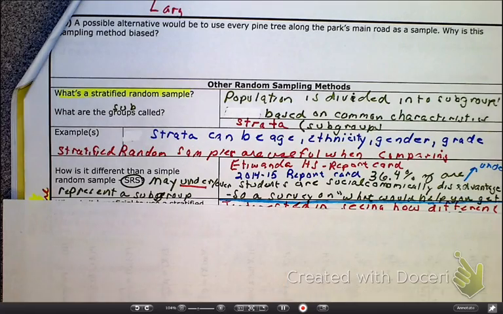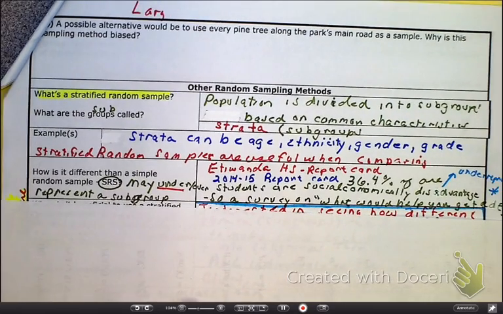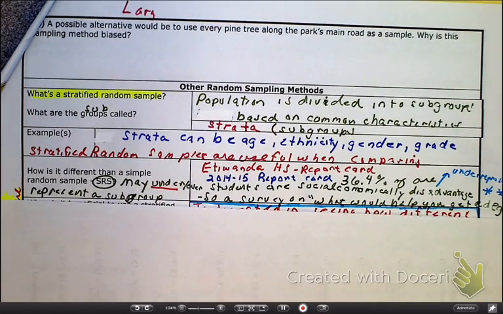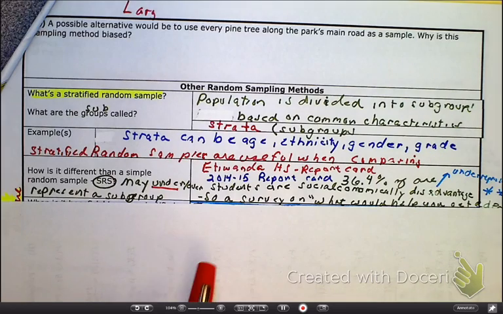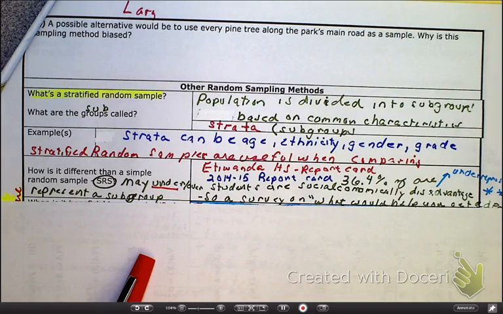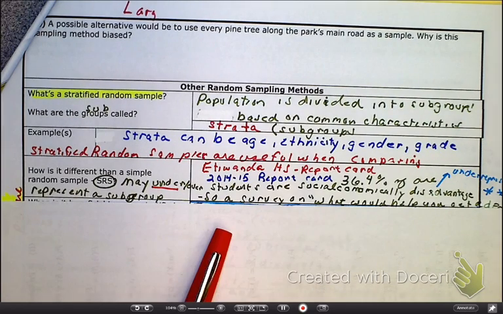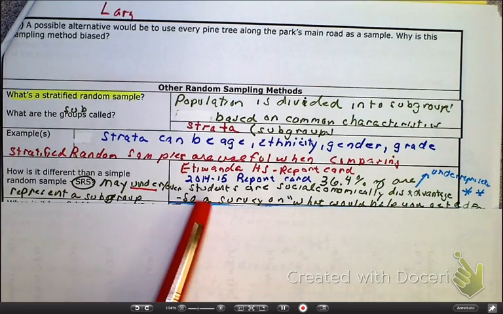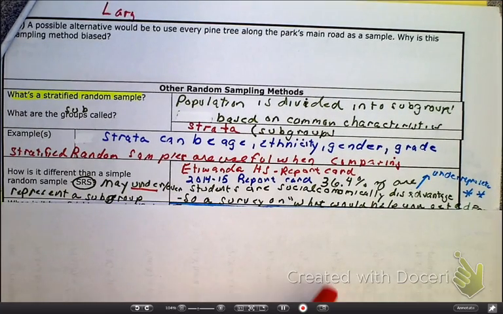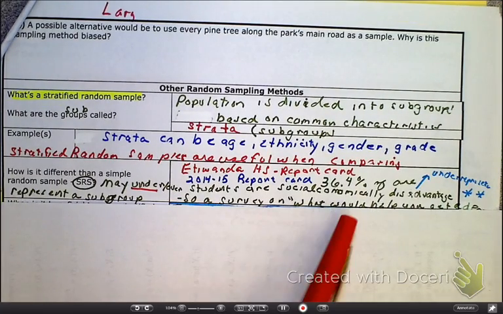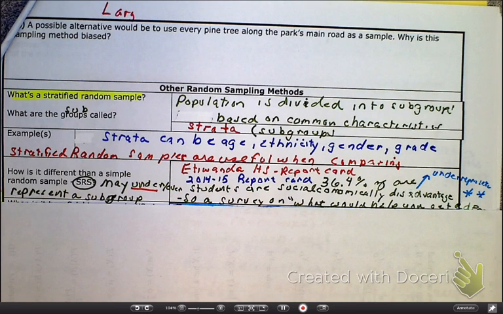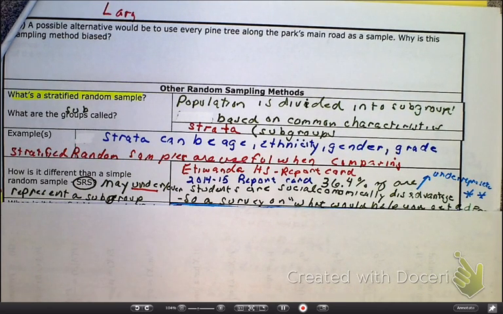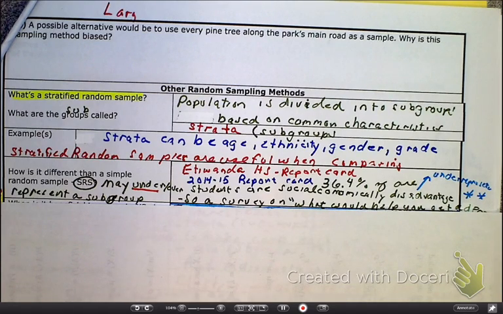Okay, you can put down that scenario I gave you with the little colored people, but I also came up with another example. So at Etiwanda, we have a report card, this is the 2014-2015 report card, and it showed that 36.4% of our students are socioeconomically disadvantaged. So I want to put a survey out there.